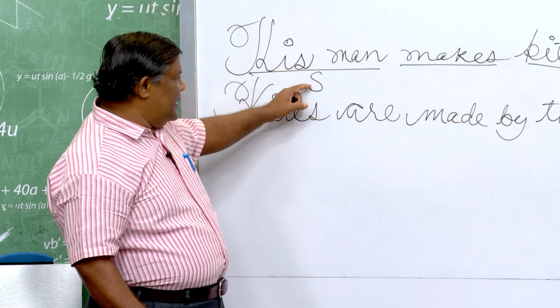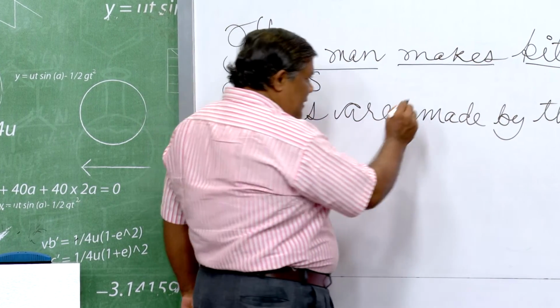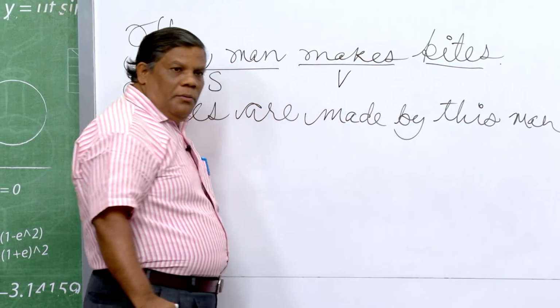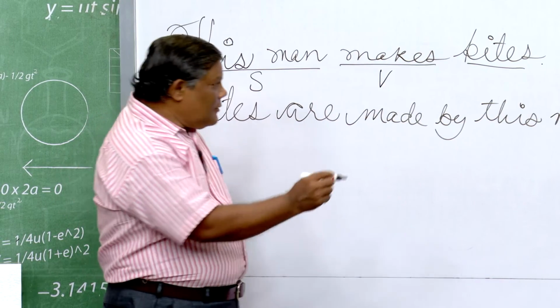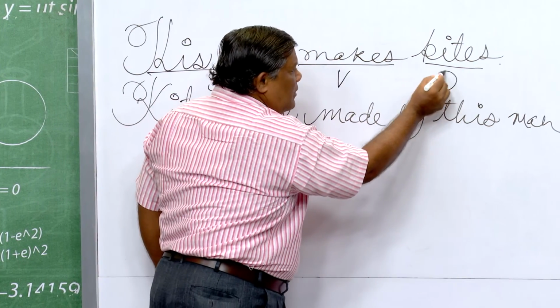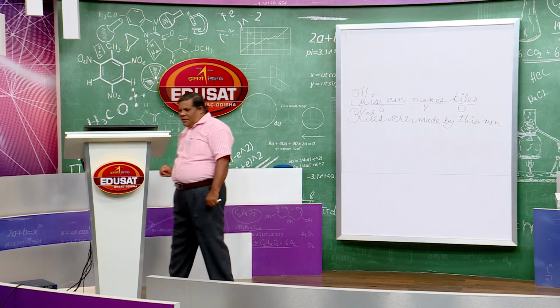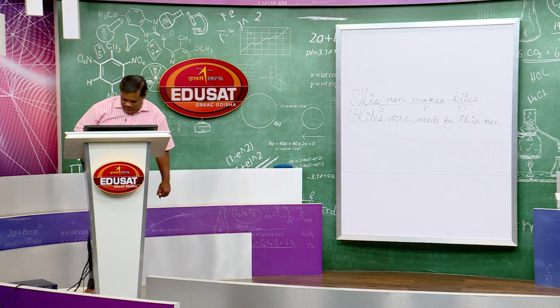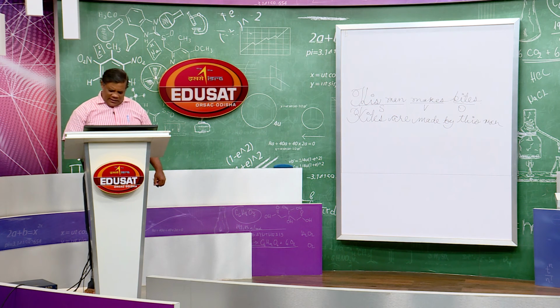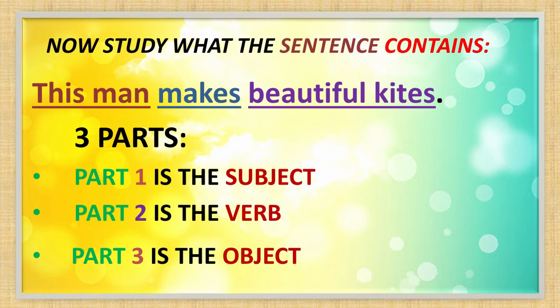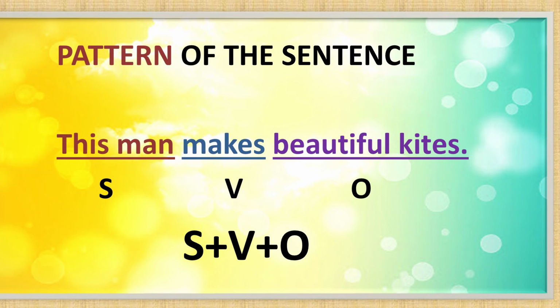The first part of the sentence is the subject, the second part is the verb, and the third part is the object. We actually need these three important elements for passivization. When we transform such sentences into passive, these three parts are required: subject, verb and object. S stands for subject, V stands for verb, and O stands for object.